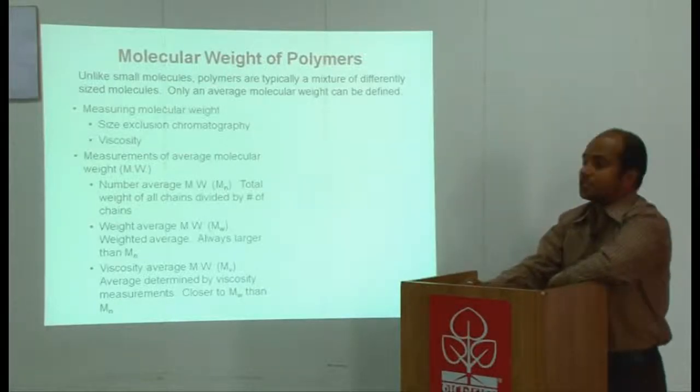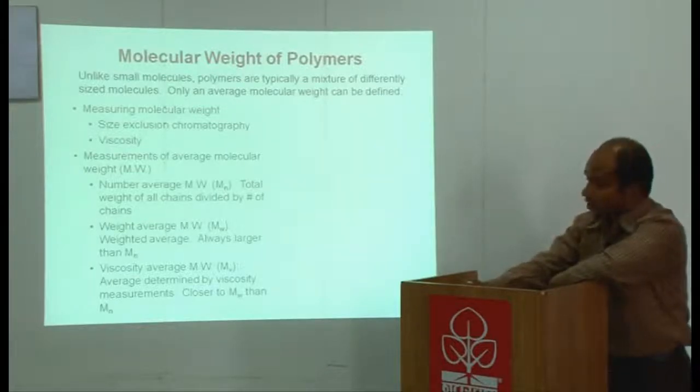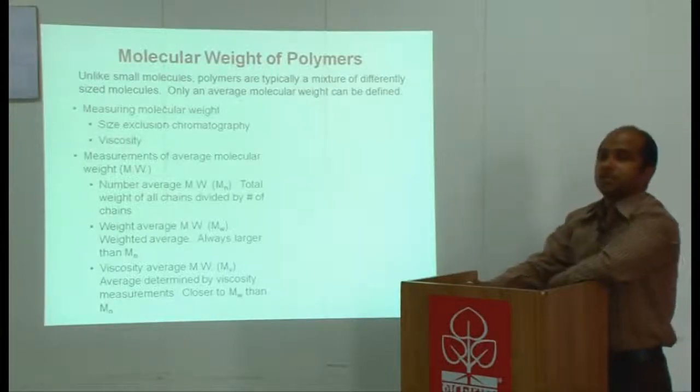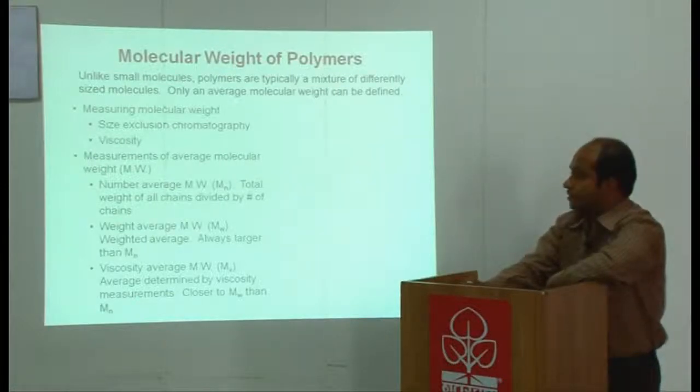So obviously each method gives you a different type of value for the molecular weight, but in general the viscosity average molecular weight is closer to the weight average molecular weight than the number average molecular weight.